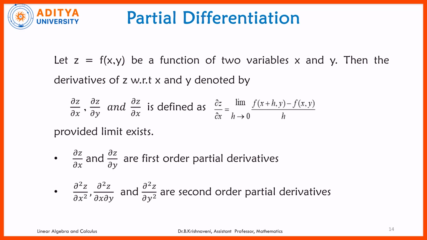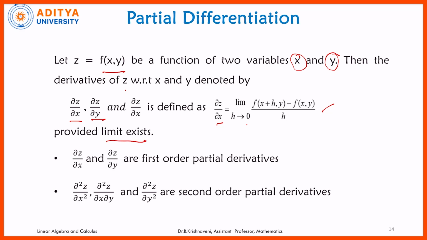Now, let us consider z equal to f of x, y, a function of two variables x and y. Then the derivatives of z with respect to x and y are denoted by dou z by dou x and dou z by dou y. And dou z by dou x is defined as the limit as h tends to 0 of f of x plus h comma y minus f of x comma y, divided by h, provided the limit exists.